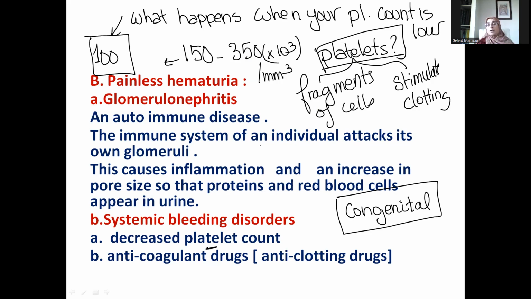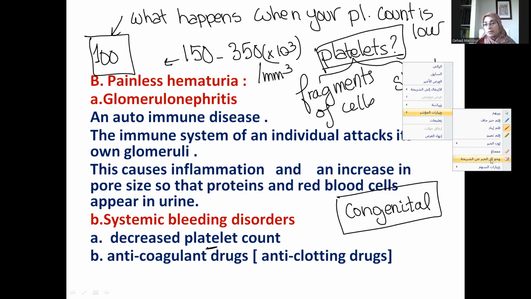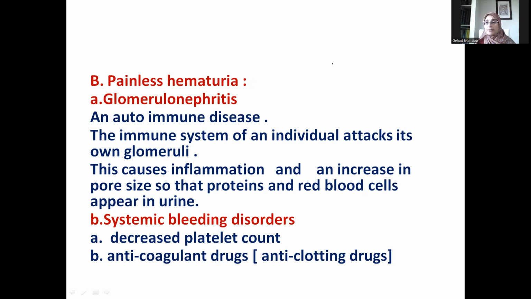For example, if a patient had a cardiac attack in which he had a clot in the heart, meaning that a part of the heart muscles was damaged because of a clot that closed the coronary arteries. This is a blood vessel that we call coronary artery that supplies the heart with blood.